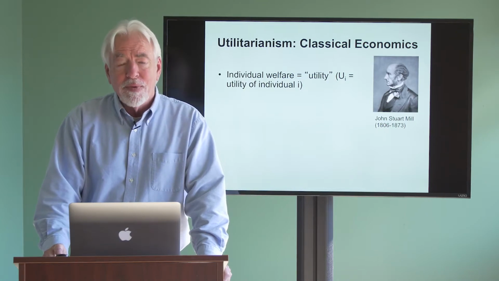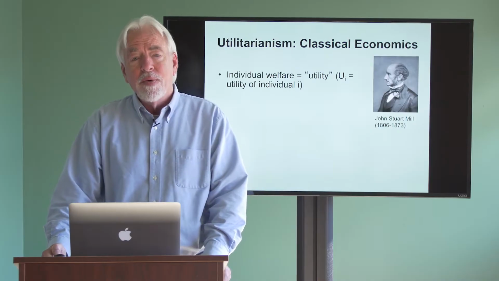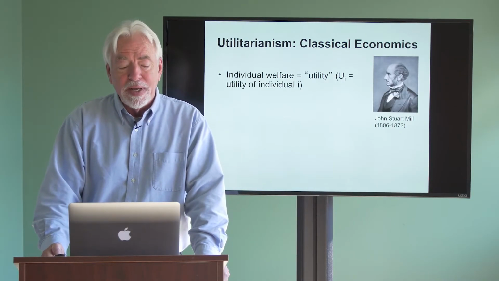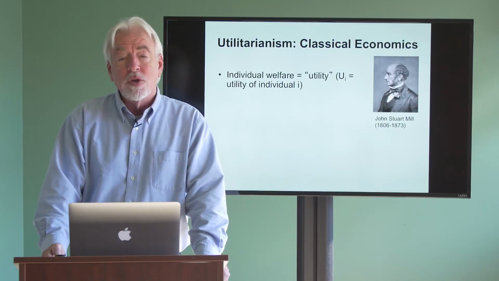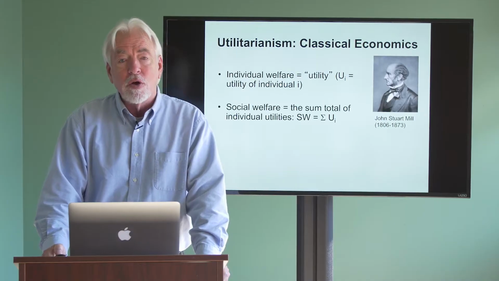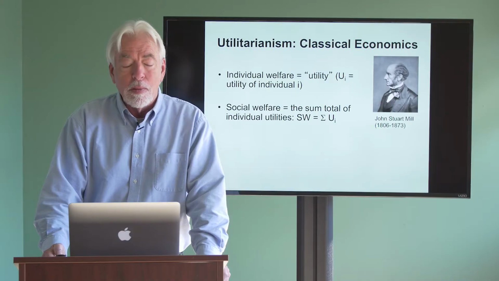The utilitarians, the classical economists of the 19th century, had a very clear, specific way of understanding what costs and benefits were about, based on what they thought human well-being was about. It was about something they called utility. Utility was the measure of individual well-being.